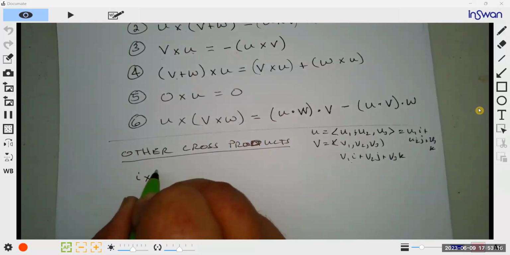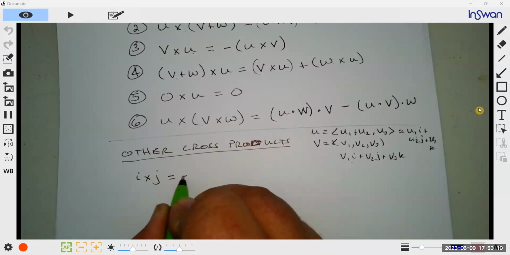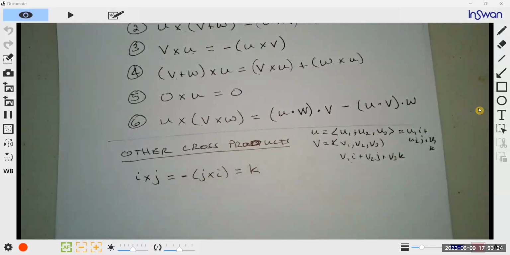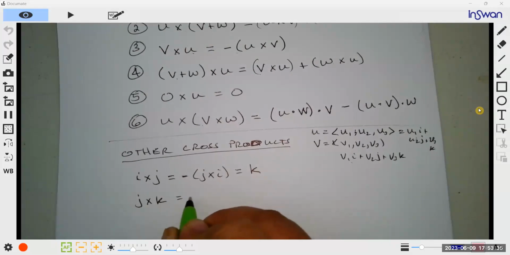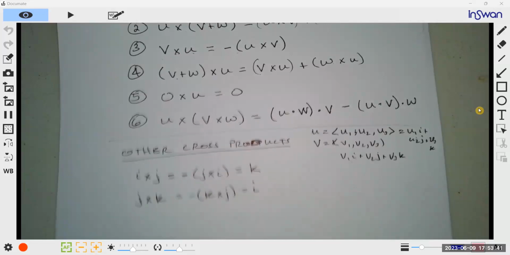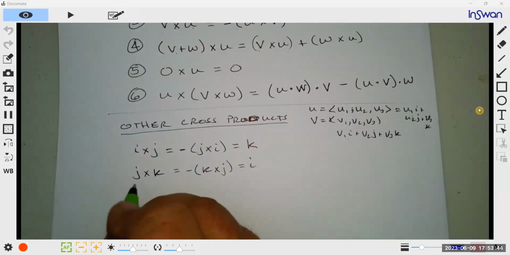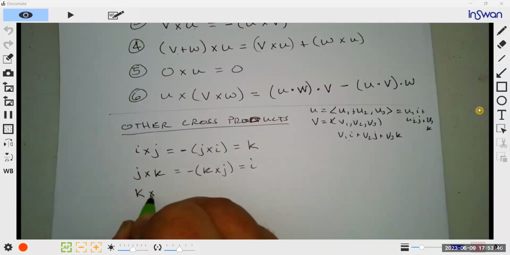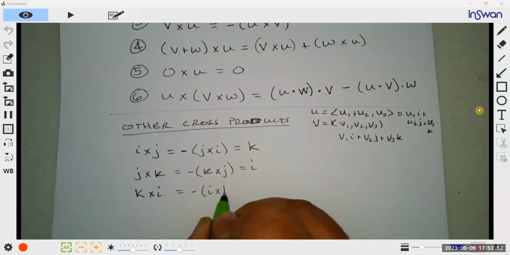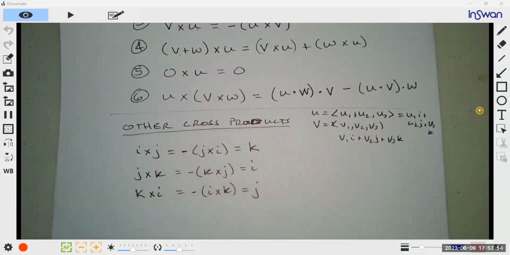I cross j is the same thing as the negative of j cross i, and that equals k, because remember, you're going from i to j, that's k. J cross k, which is the negative of k cross j, is equal to i. And k cross i is equal to the negative of i cross k, which is equal to j.